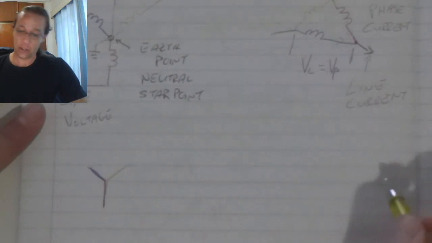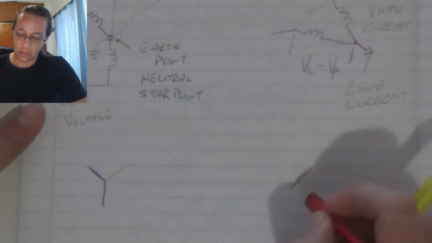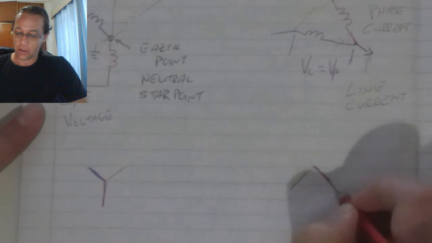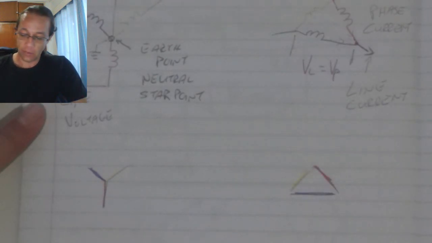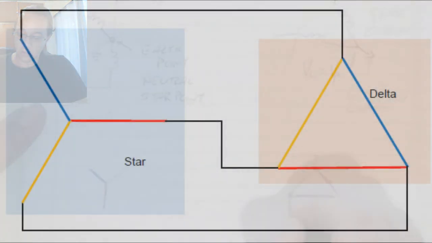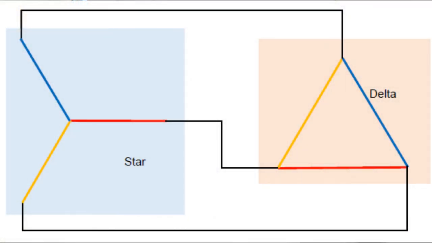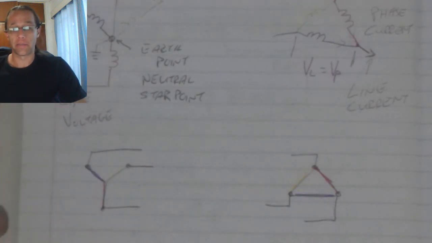There I've got my star configuration, and there I am drawing now my delta configuration. If I use this, I typically only use it in a situation where I have colors available in order to distinguish the different phases.